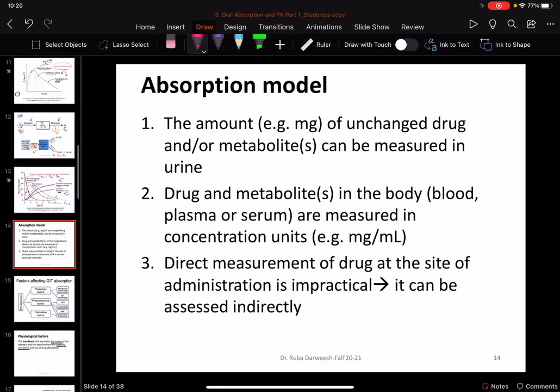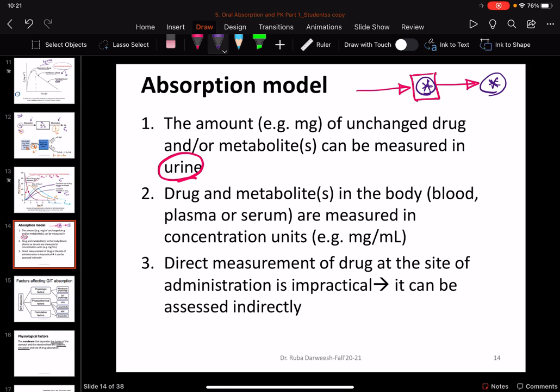Okay, so for the absorption model that we have, we will talk about the amount of unchanged drug or metabolite that can be measured in the urine. First of all, we will have one compartment. We will talk about it when we talk in detail about the kinetics. We will have one compartment, so we can measure the drug in the body, and we can measure the unchanged drug or metabolite in the urine.